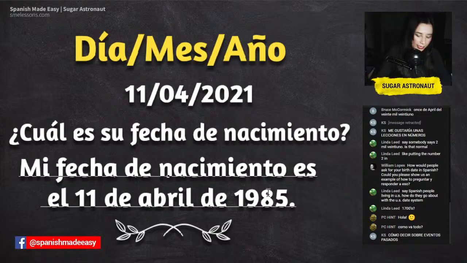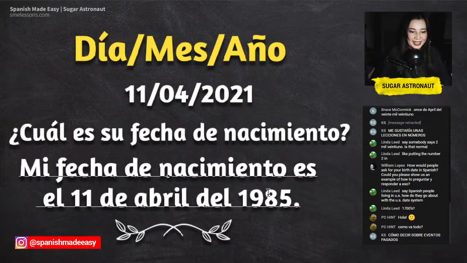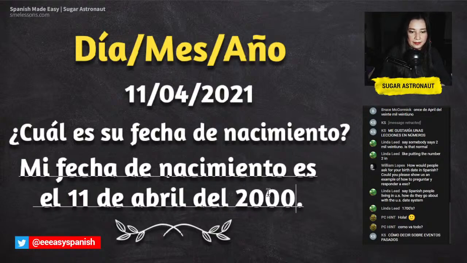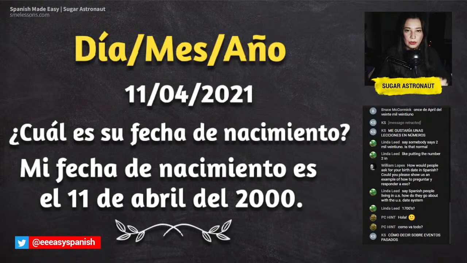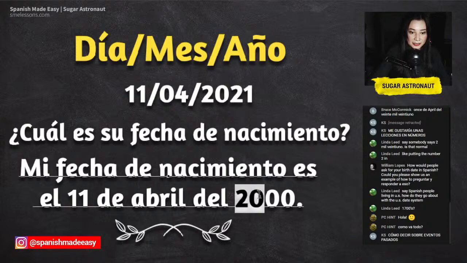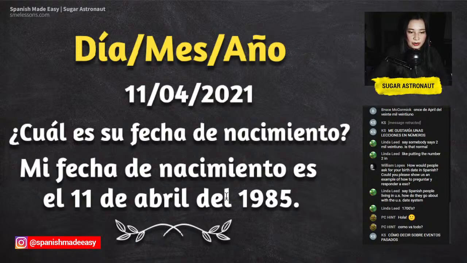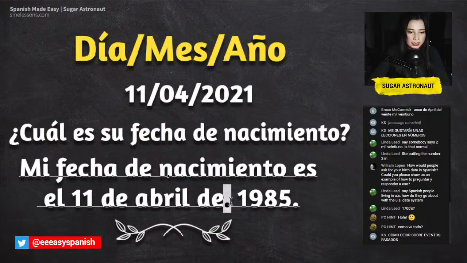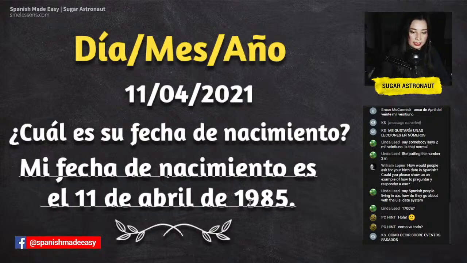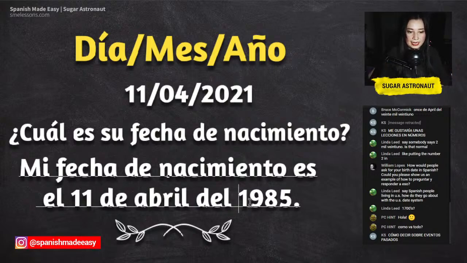If you were born in the 2000s, then you can say del 2000. Okay, so that's very important. When you're talking about the 1900s, you don't need del, you use de. But if you're talking about the years 2000s, then you need del.